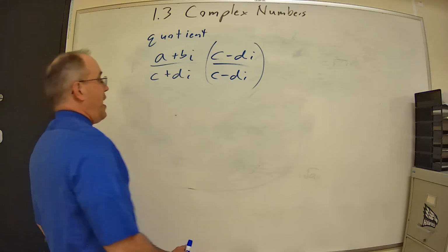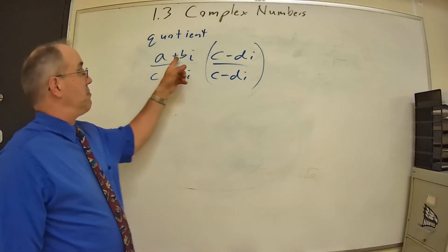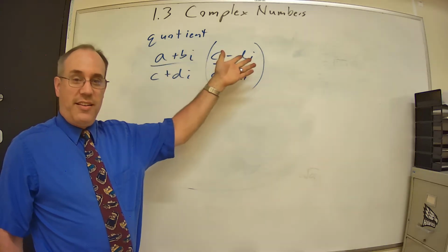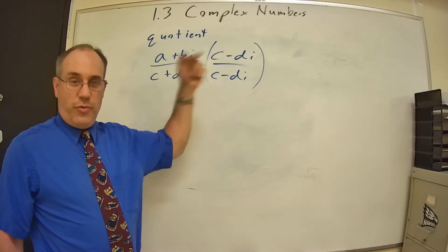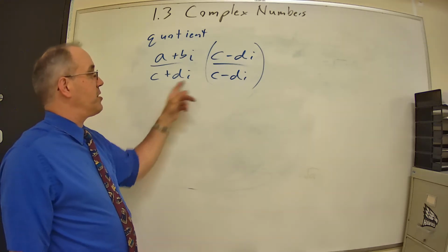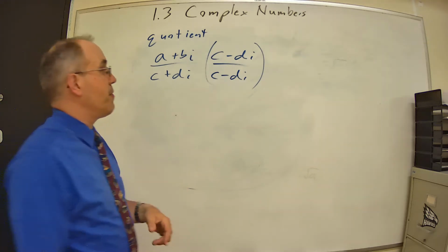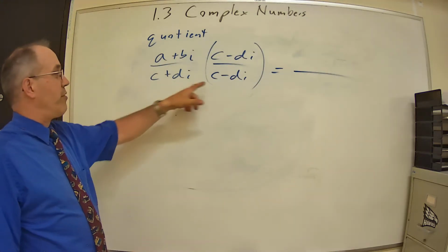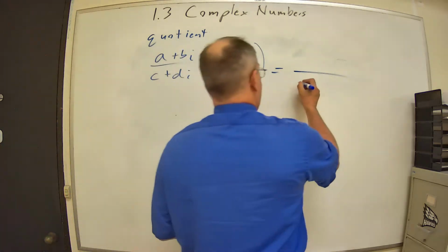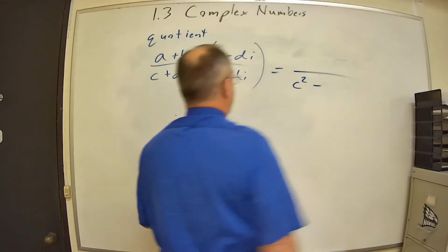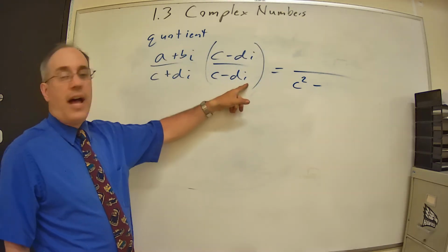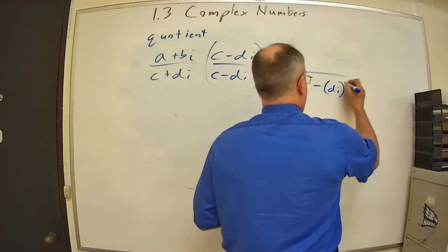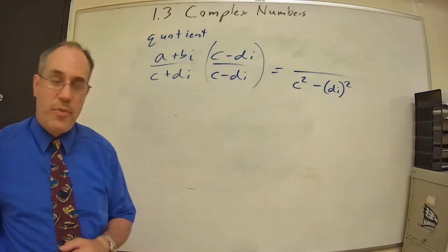And now that I do that, on the top I've got just the standard multiplying of two complex numbers, which we just did. On the bottom, this is the product of the sum and the difference, so let me do the bottom one first. That means the square of the first term, c squared, minus the square of the second term, di squared. I'm going to write that as di squared, just to show the step that we're doing.